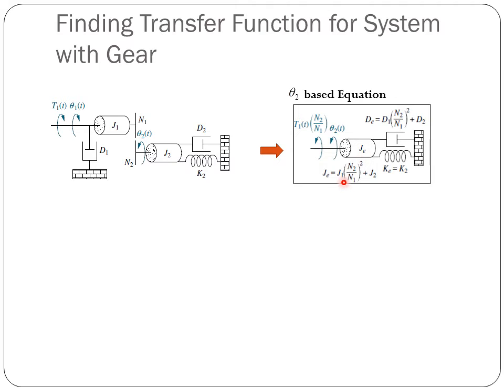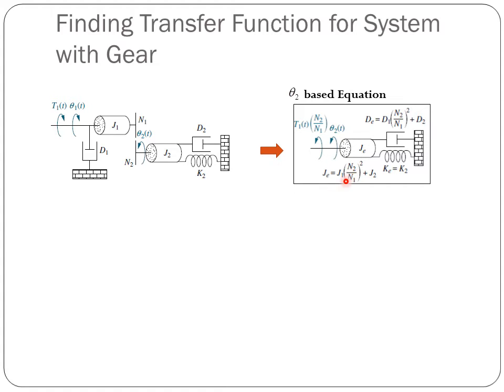J equivalent is J1 into n2 by n1 whole square plus J2. Okay, so equivalent inertia J will be the summation of this J2 plus the transferred version of the J1, which is equal to J1 into n2 by n1 whole square. Here we can see that we are multiplying n2 by n1 because we are going from n1 to n2, so n2 will appear on the top.